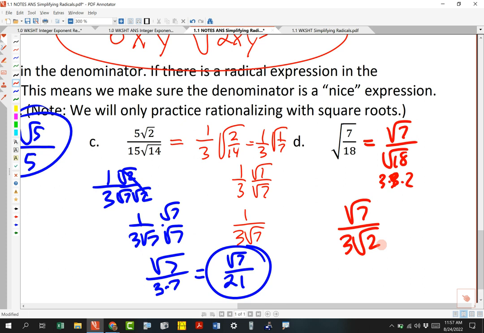So what do you do to finish that? It's a question for you. What do you do to finish it? How do you rationalize the denominator here?